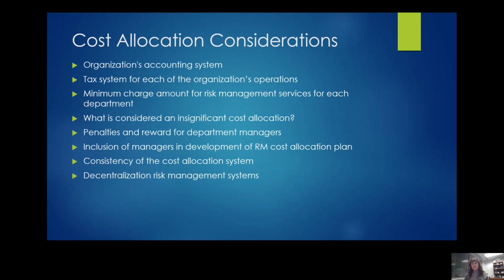And so last slide is just as you're coming up with a cost allocation system. I know this doesn't sound very important from an insurance perspective, but having been a risk manager for many years, how you allocate costs, how you educate your employees on how they can help you control costs, because they don't view it as their cost. They view it as somebody else's concern, not mine.